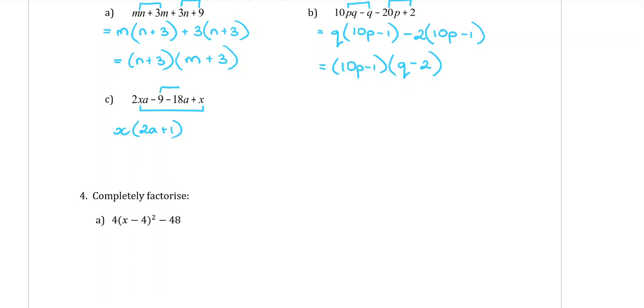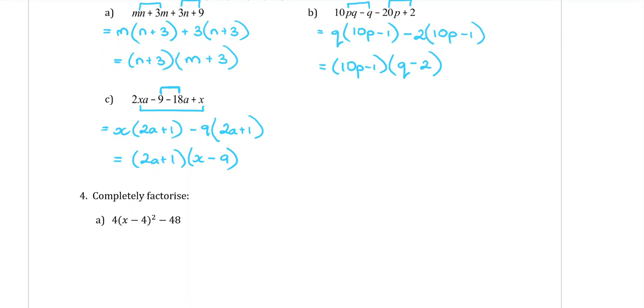Then looking at the two middle ones, I could factorize out a negative 9. So negative 9 would give me 1 plus 2a, or if I switch that around, 2a plus 1 again, so that the brackets are the same. Then the 2a plus 1 is the common factor that comes out the front, and I will have x take away 9 going into its own bracket.